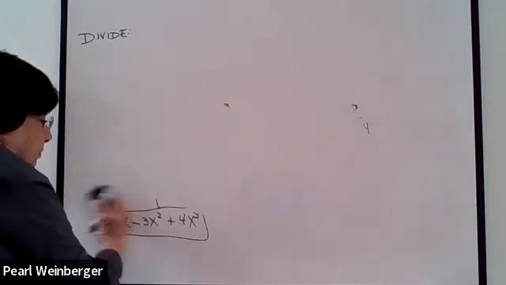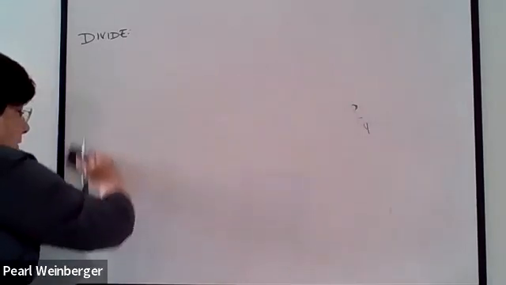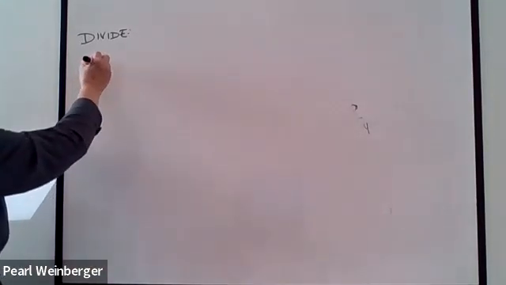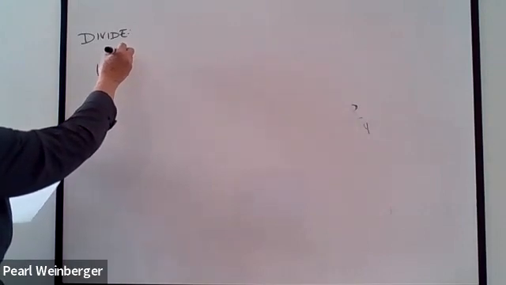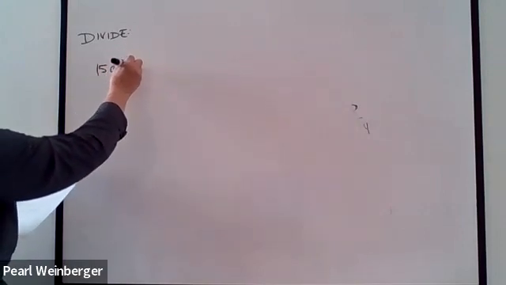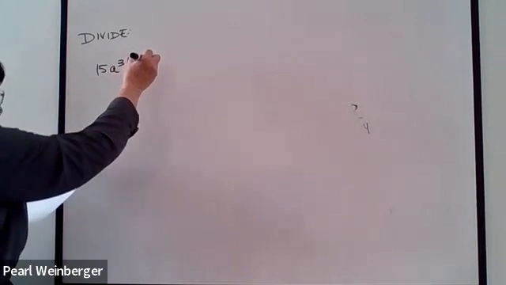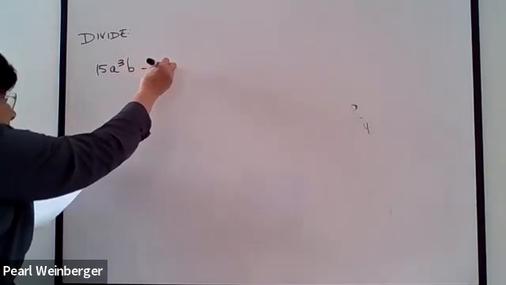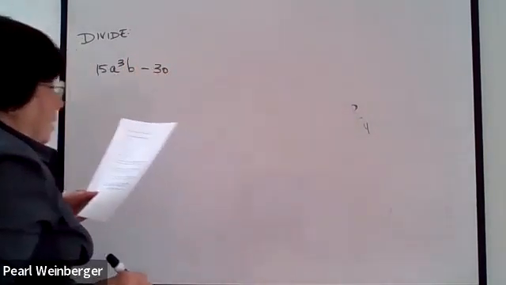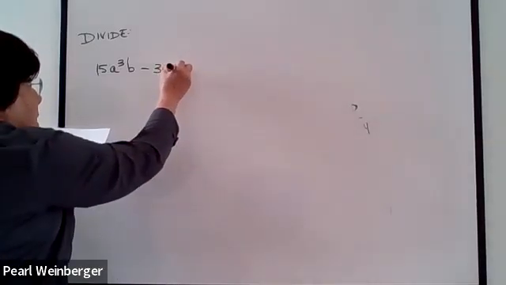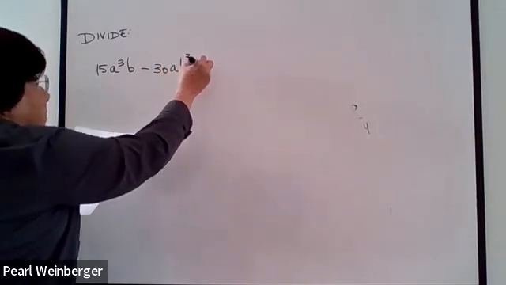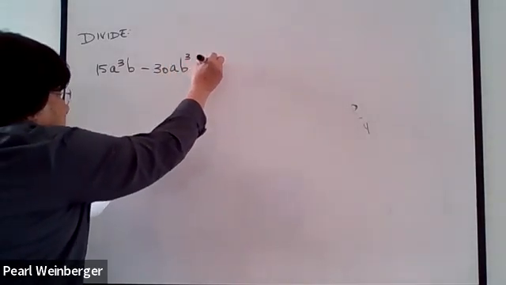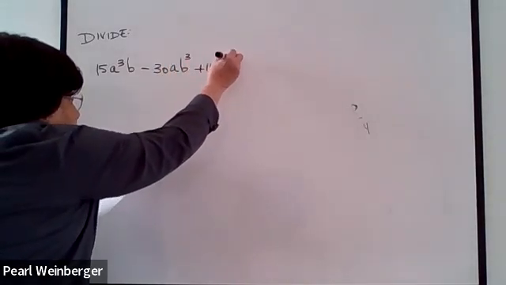Okay, here's one for you to try. We have 15a to the third b minus 30ab to the third plus 15a squared b squared.